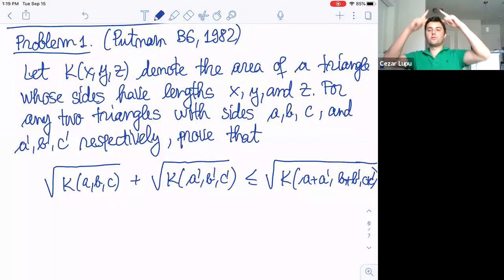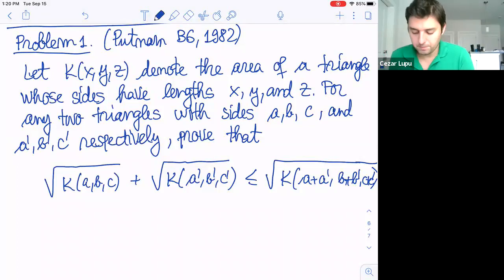So you can draw two triangles. So what would be the first thing that will come to your mind when you look at this?